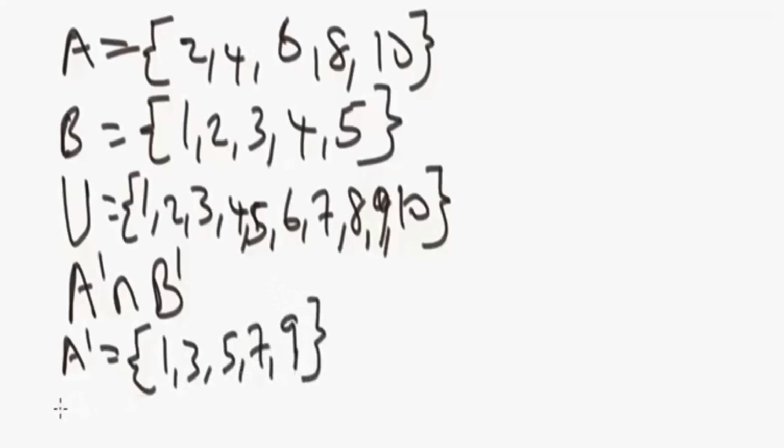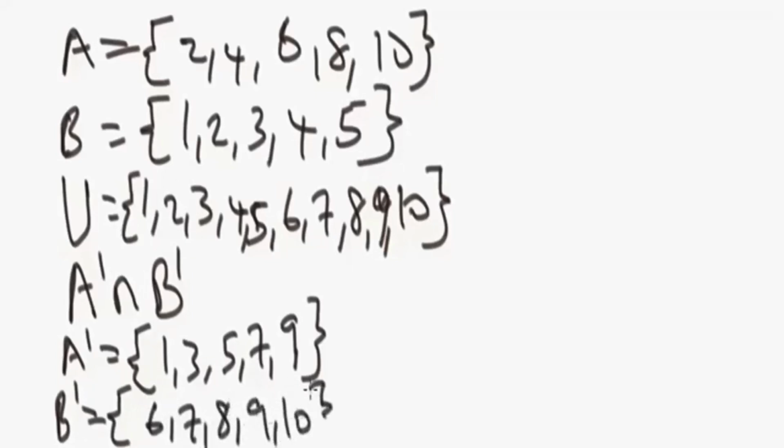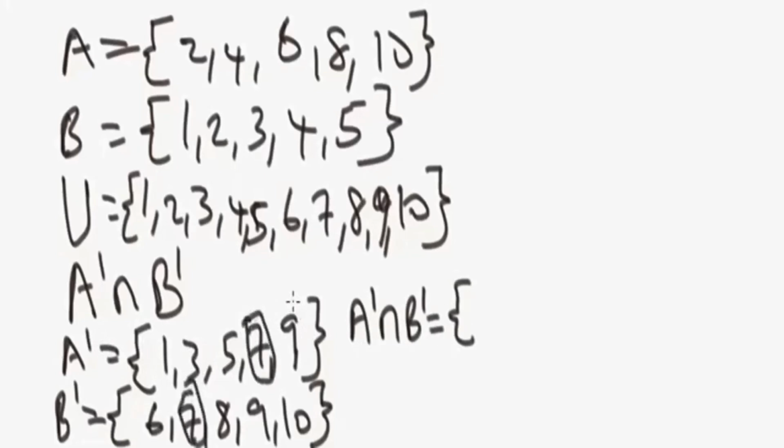Our B complement will be the values in the universal set not in set B, so we have 6, 7, 8, 9, and 10. A complement intersect B complement will be the common values in A complement and B complement. We have 7 here and also 7 here, and 9 here and also 9 here. So the intersection will be 7 and 9.